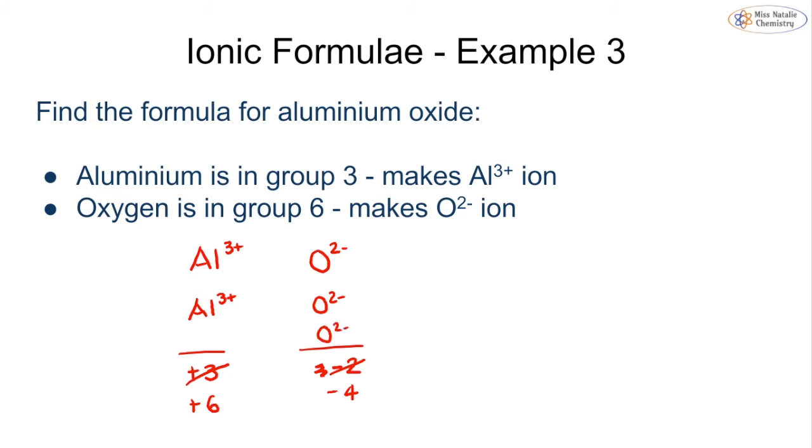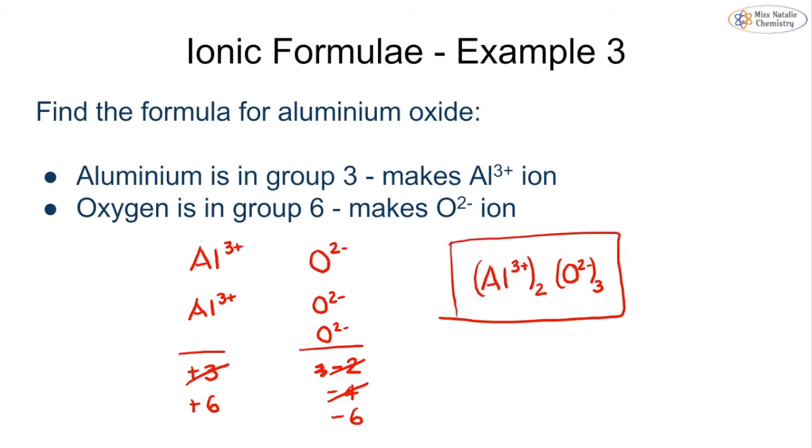So I need to add in a third to give me 6 minus. Now I have 6 positives and 6 negatives, so they are balanced out. So I'm going to write my ion, Al3+, and how many do I have? I have 2. I have oxygen 2-, and I count 1, 2, 3, so my subscript is 3. And that is the ionic formula for aluminium oxide.